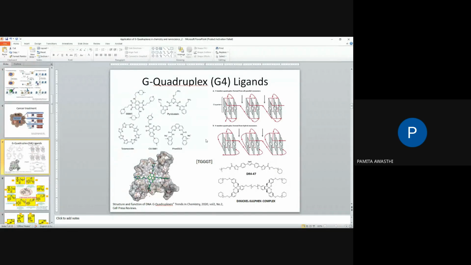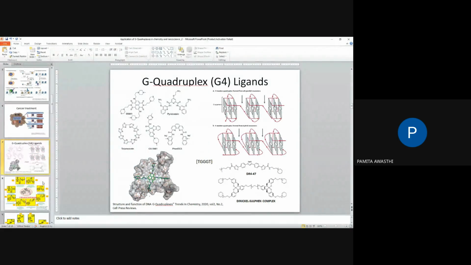So all these structural as well as cellular studies are, yes, important to us as a chemist, because they give us an idea of how we proceed for further design and development of new class of quadruplex binders.